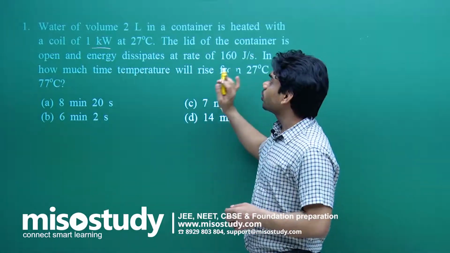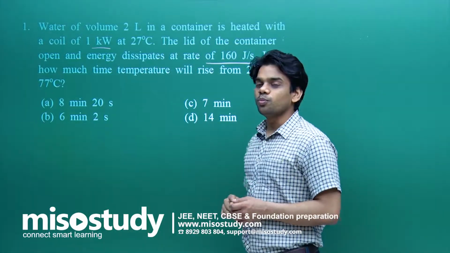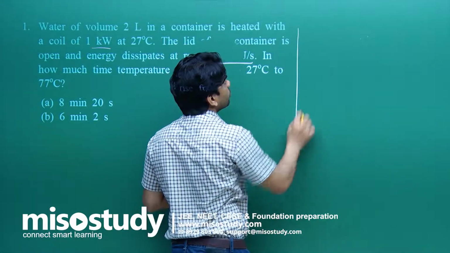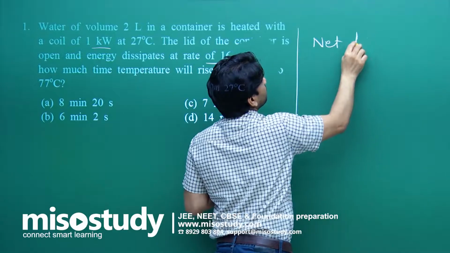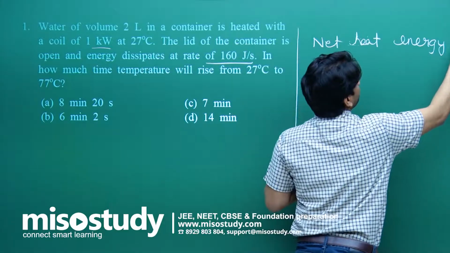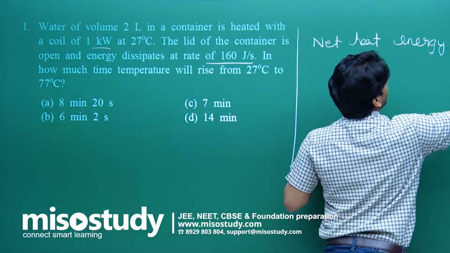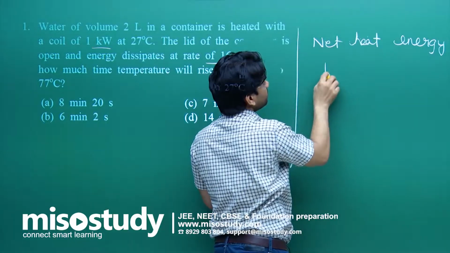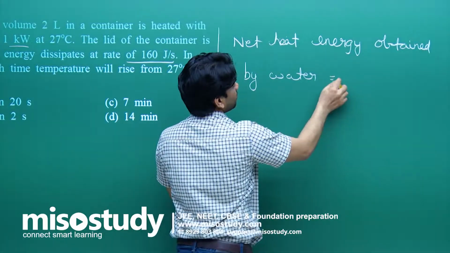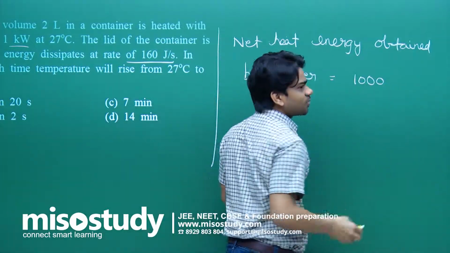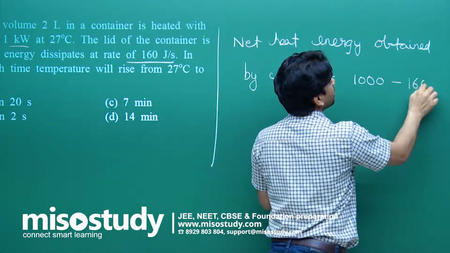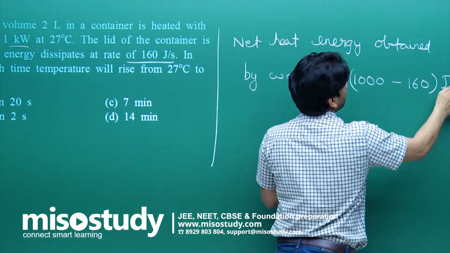Now the lid of the container is open and energy dissipates at the rate of 160 joule per second. That is, the net heat energy obtained by water will be 1000 minus 160, quite simple. 1000 is the heat energy transferred by the heater, so 1000 joule per second minus 160 joule per second that is radiated.